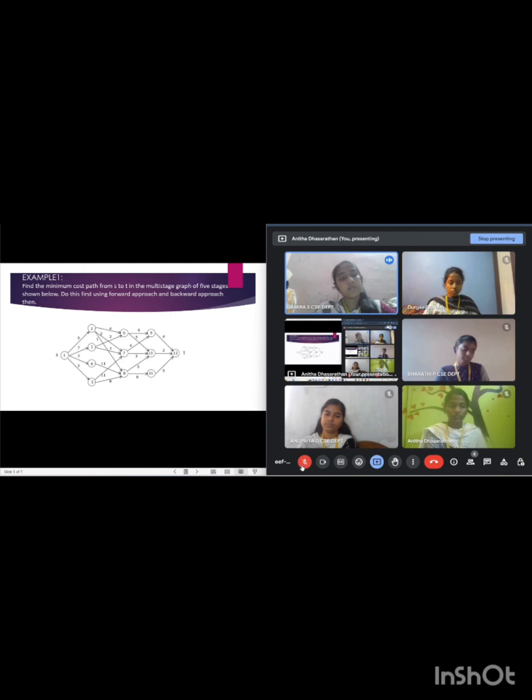To go to stage 4, we have 3 vertices, that is 9, 10, and 11. For calculating the value for the stage 4 ninth vertex, the cost would be 4 added with the cost of the previous vertex. Initially we considered it as 0, right? That value will be added. So the value will be 4.